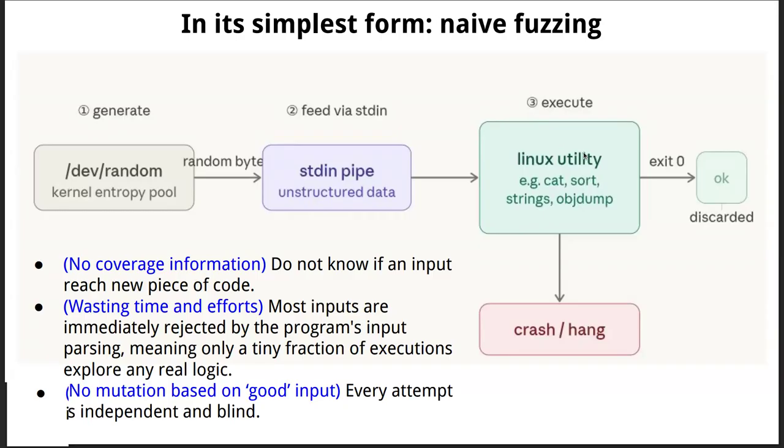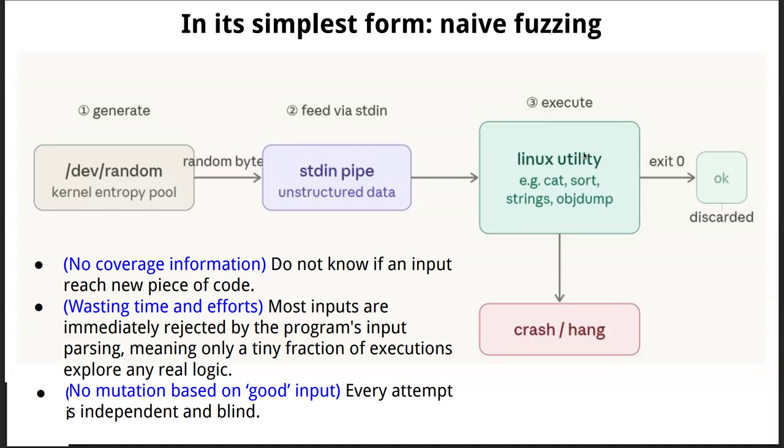And there is no way in the previous approach for us to guide the input to reach a deeper state. Most of the inputs, like I said, just reach a very shallow state, and they are rejected by the program anyway. Then we are wasting a lot of time and effort by generating those meaningless inputs, right?